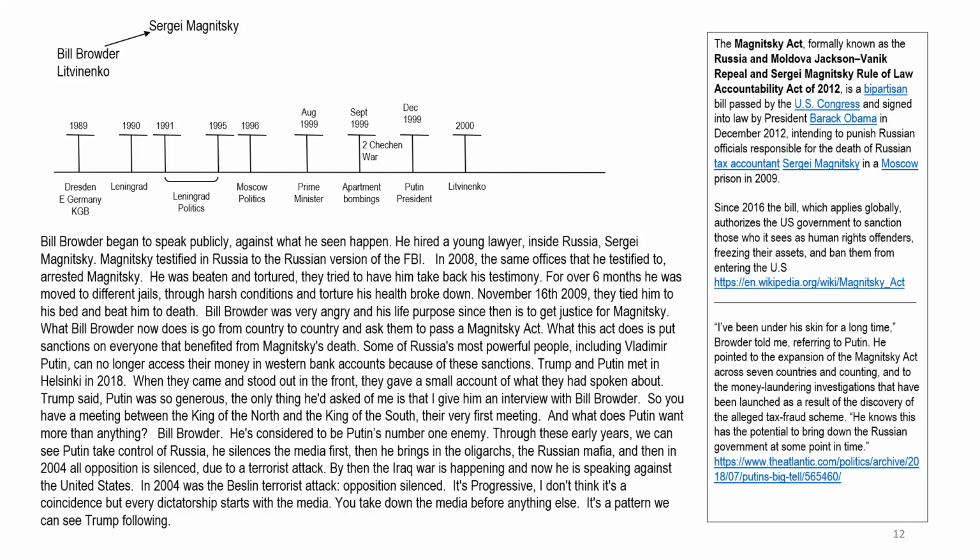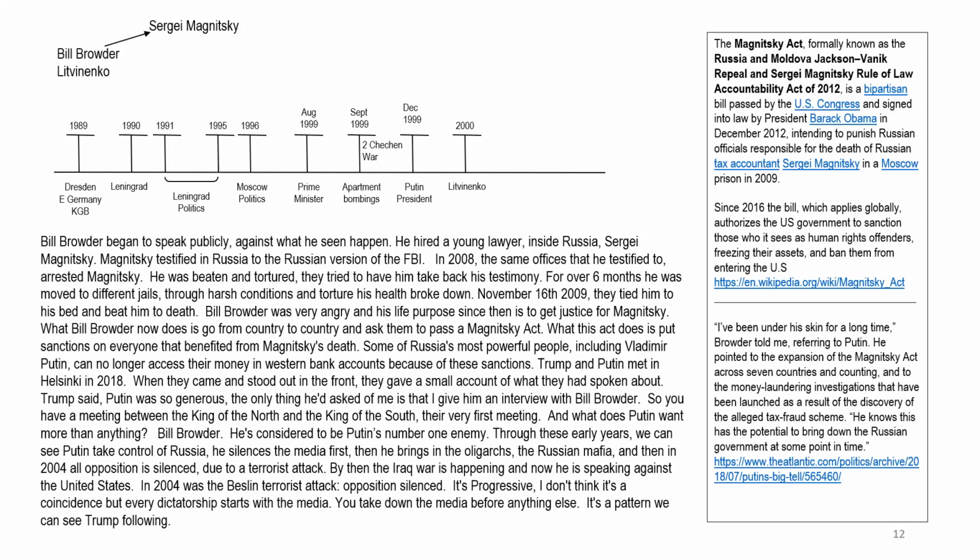It's a bipartisan bill passed by the US Congress and signed into law by President Barack Obama in December 2012, intending to punish Russian officials responsible for the death of Russian tax accountant Sergei Magnitsky in a Moscow prison in 2009.